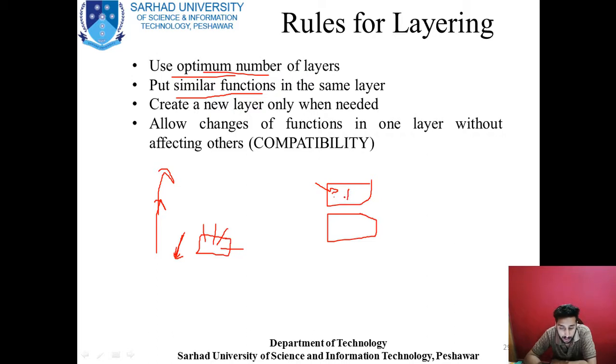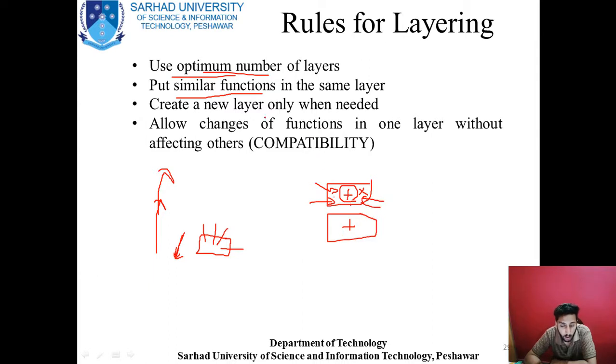Let's say you are using the function addition over here, and you are using the same function over here. It is not a good way. If you use a plus over here, you should be using any other functions relevant to plus within this layer. Let's say multiplication is relevant to plus, so you should place the multiplication application or its protocols over here, not in another layer.